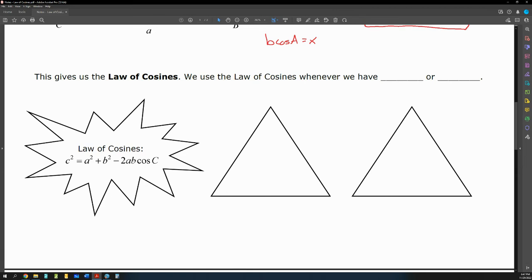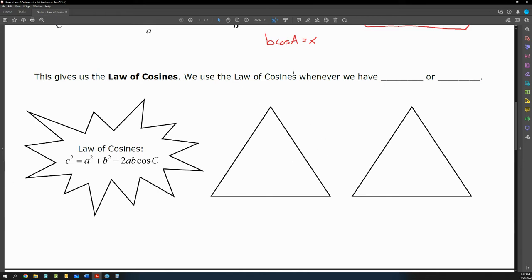In fact, if you were to try this on a right triangle, say C is your right angle, well, we know that the cosine of a right angle, 90 degrees, is equal to 0. So this whole quantity here, this negative 2ab cosine C, is zeroed out. It cancels out, and we're left with just the Pythagorean theorem. So this is really the Pythagorean theorem, but for all triangles, not just right triangles. Okay, it's kind of a neat theorem.